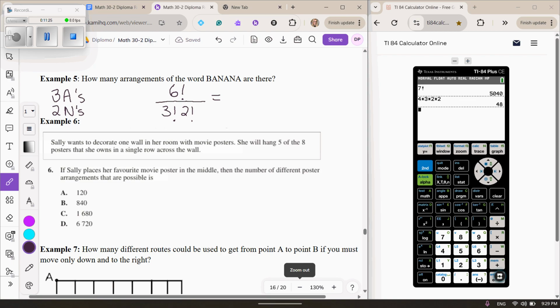I'm just going to show you how to type this in on your calculator because you do have to use brackets. So 6 factorial divided by, and then a bracket has to go here, 3 factorial times 2 factorial. And remember, 2 factorial is just 2 times 1, so you actually don't need to do a factorial there to get the answer of 60.